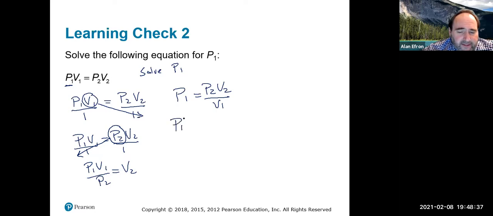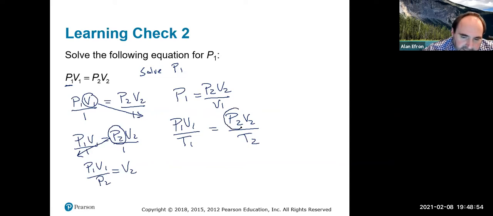Another gas law that we'll see later on is P1 V1 over, say, T1 is equal to P2 V2 over T2. And maybe we want to solve for something that's here. Let's say we want to solve for P2. To do that, we need to move V2 and T2 to the other side.